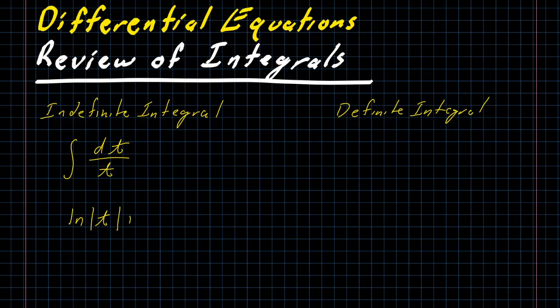But that's not the only thing that would give us that derivative. Because if I add any arbitrary constant to the natural log of t, the derivative of an arbitrary constant is 0. That doesn't change anything. So the derivative is still 1 over t.